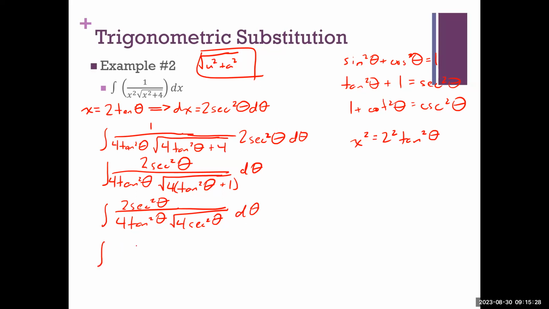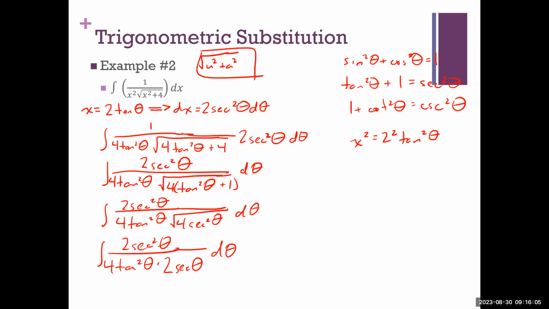So the whole point of this, remember, was to stop having to deal with that radical. So this becomes 2 secant squared theta over 4 tangent squared theta times 2 secant theta d theta. Is it obvious yet whether that was the right call? The x equals 2 tangent theta. Is there any more simplifying we can do?